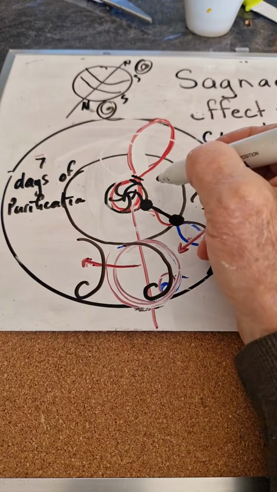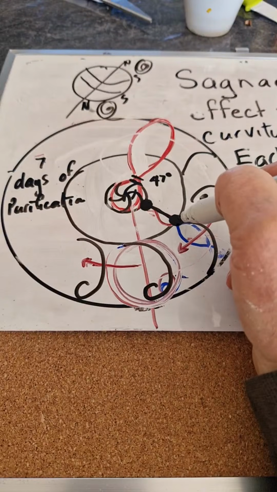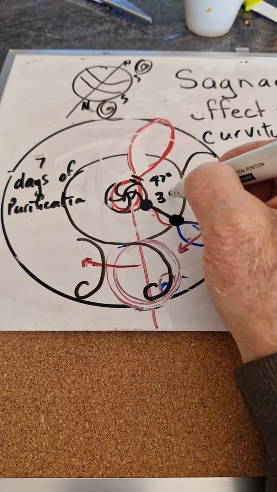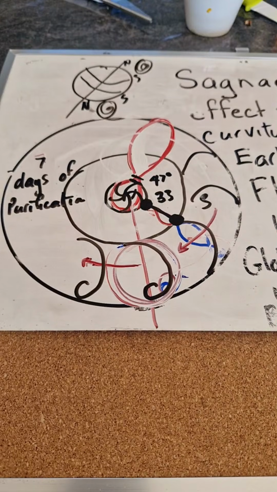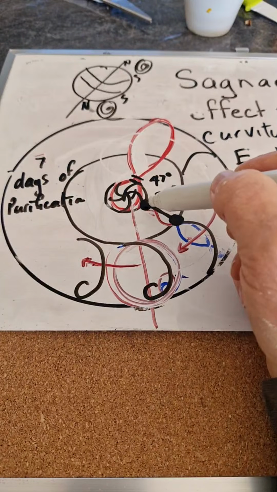So you deduct from the 47 degrees of the tropics 2 sets of 7 degrees. What does that come to? Wow, look at that number. Goodness gracious me. Okay? 7 days of purification comes into here.